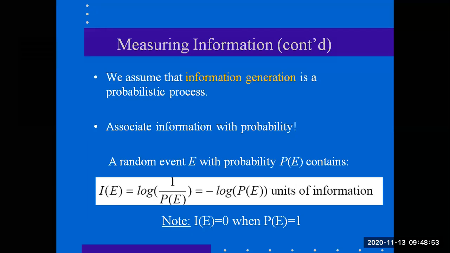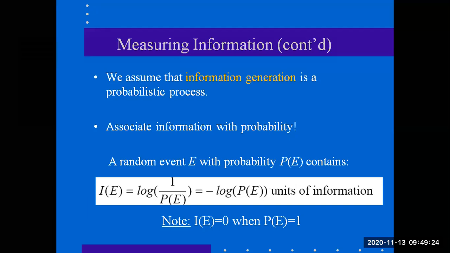It is given by I of E equals log of 1 by P of E. What is P of E here? The probability of an event or probability of an information. If you know the probability of an event, calculate log of 1 by P of E, and you will get minus log of P of E, of course.